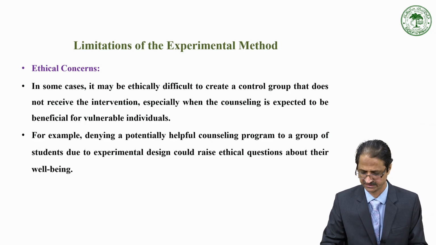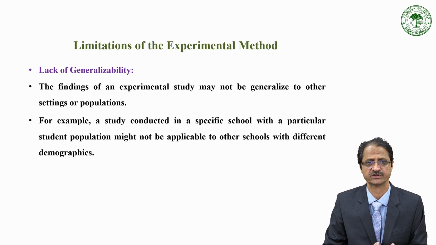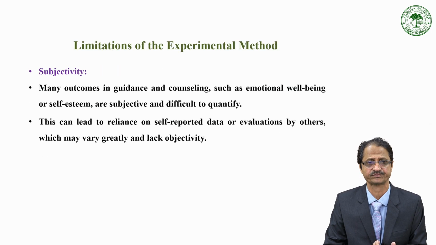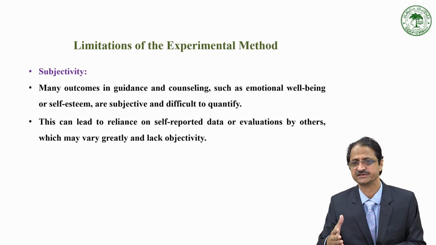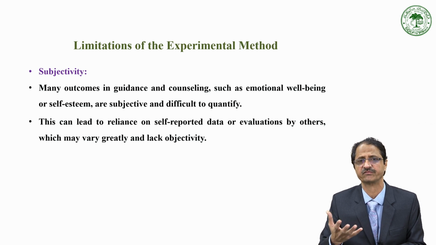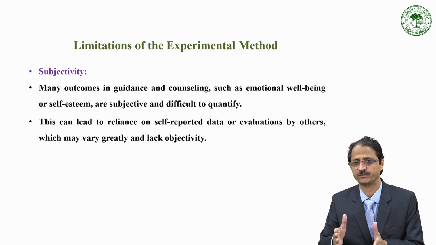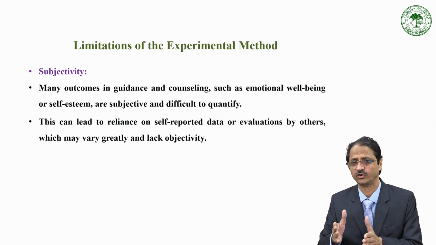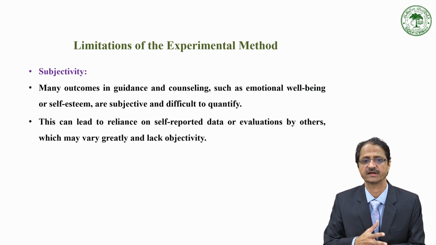questions about their well-being. Subjectivity many times is also associated to this program. Many outcomes in guidance and counseling, such as emotional well-being or self-esteem, are subjective and difficult to quantify. This can lead to reliance on reported data or evaluation by others, which may vary greatly and lack objectivity.